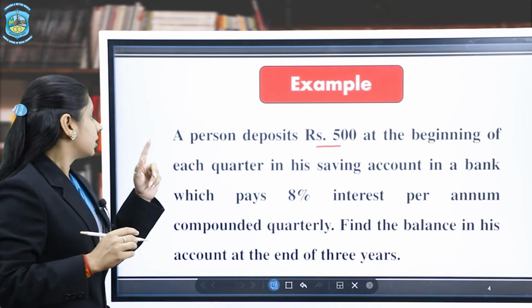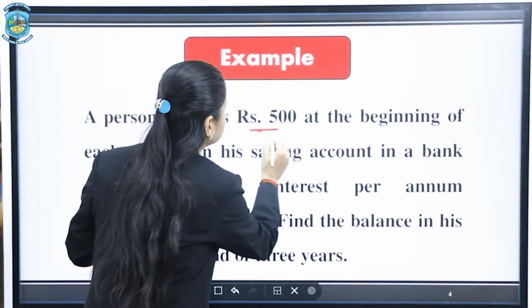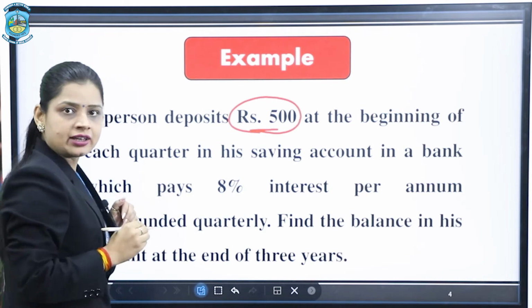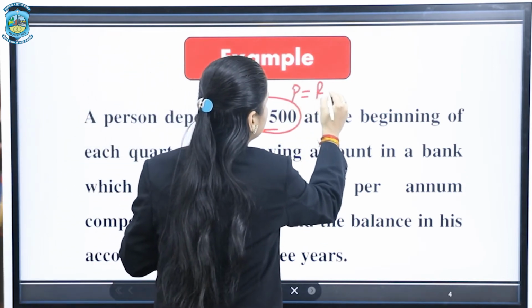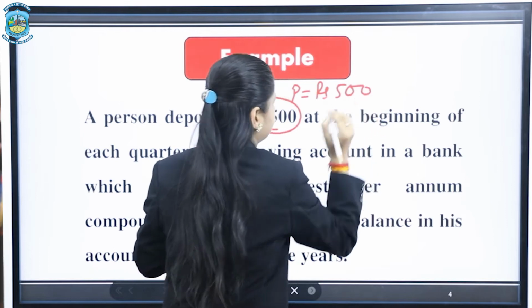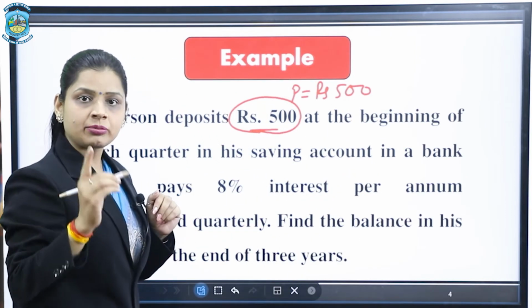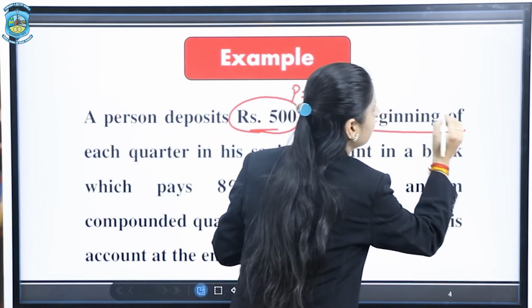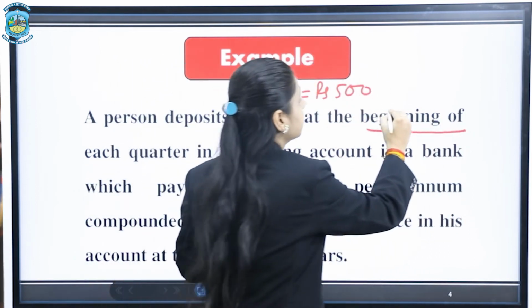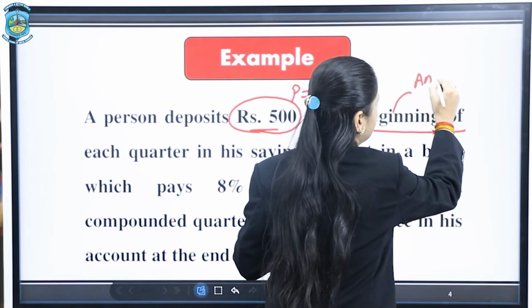Now, each installment is for rupees 500, that is, the value of P is rupees 500. Payments are paid at the beginning of the payment period, that is, it is the case of annuity due.